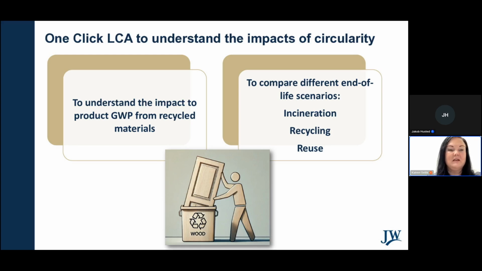Of course, we could also figure out that having more recycled content is beneficial from the GWP point of view, and we are still going on using the tool for our future projects as well, because we know that our R&D and sourcing team have quite some projects in the pipeline, and as we are interested in circularity ourselves, we are happy that we can really understand from the environmental footprint side what that really means. So that is an extra great advantage that we got from One Click LCA.